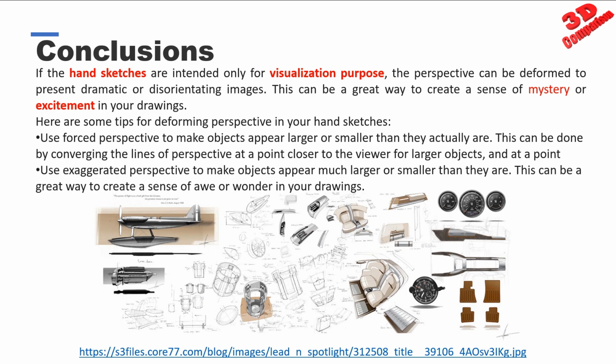And I added over here some tips. You can use forced perspective to make the objects appear larger or smaller than they actually are. This can be done by converging the lines of perspective at a point closer to the viewer for a larger object. You can also exaggerate perspective to make the objects appear either larger or smaller than they are.